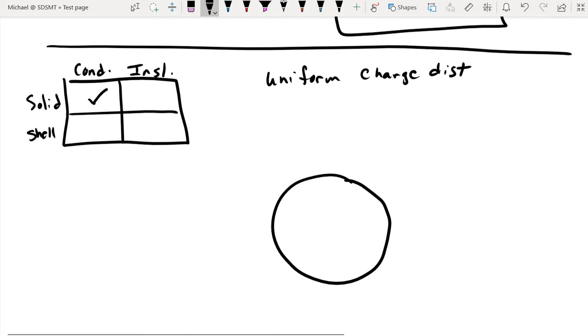So we have a solid sphere made of some conducting material. And just like in previous examples, once we put some charge on this sphere, it will automatically begin to distribute itself until we achieve this uniform charge distribution. And we know that as long as we are outside of the sphere, it will act like a point charge.